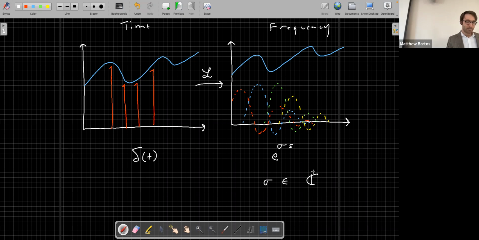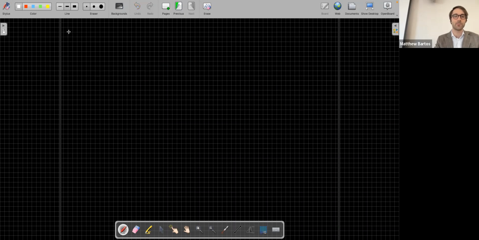Are there any questions about this conceptual overview of what the Laplace transform is? Any questions? Okay, so with that, let's go ahead and define the Laplace transform.